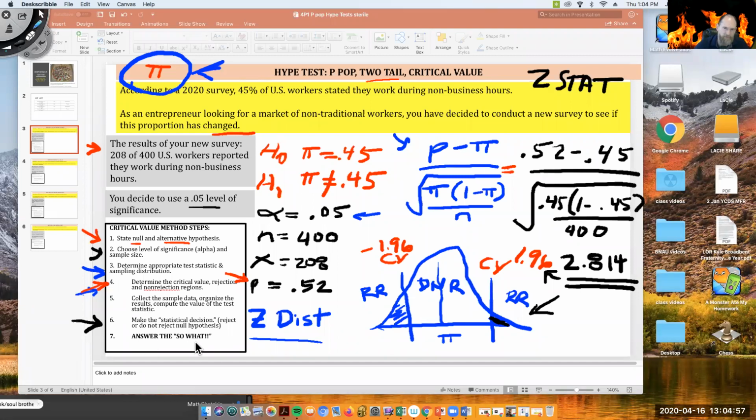I've added it because the so what is important. So Jennifer Miller, what do you think if we reject the null? What does that mean? What would we do now if we've rejected the null? What might we do now? Accept our alternative hypothesis.